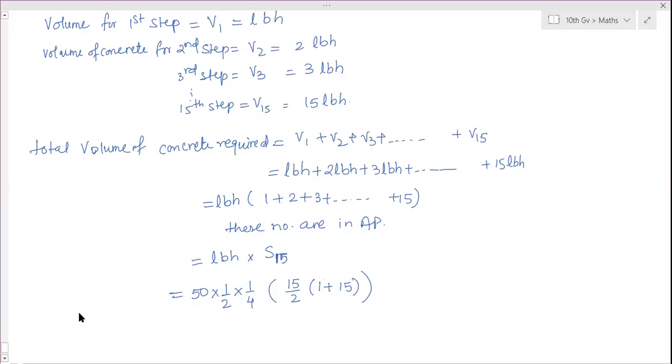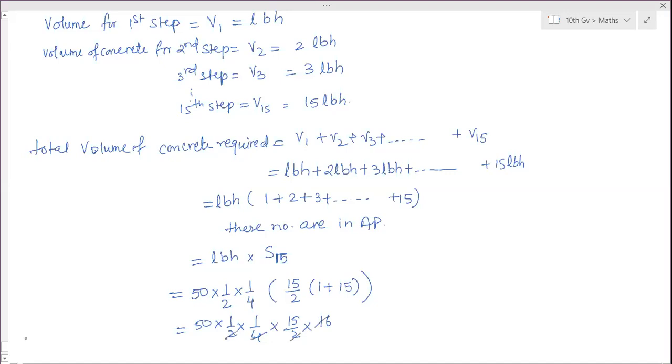Right? Ma'am, is the answer 750 meter cube? I think so. 50 into 1 by 2 into 1 by 4 into 15 by 2. 15 plus 1 is 16. 4 2s are 8, 2 8s are 16. So all these get cancelled.